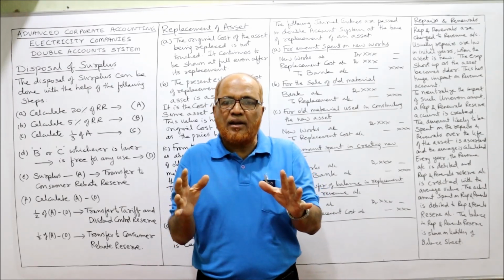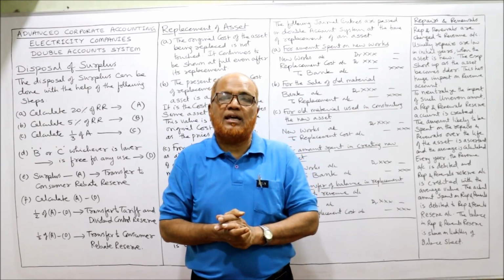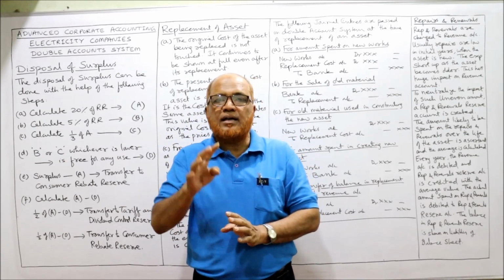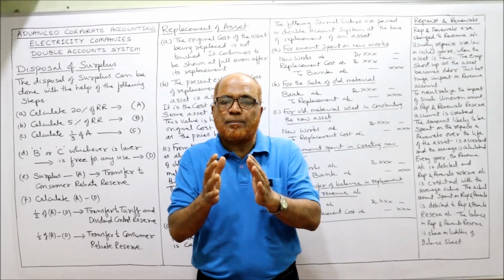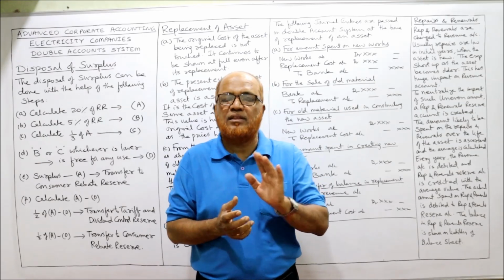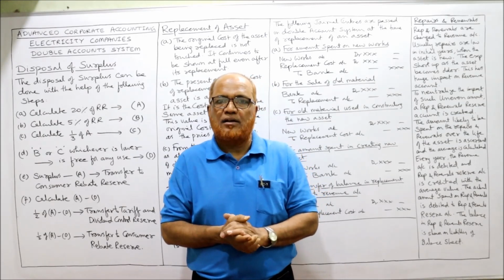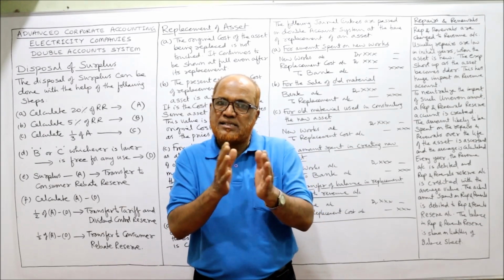The reasonable return is only 6 lakh rupees, whereas actual profit earned is 10 lakh. So the excess 4 lakh rupees is called surplus. And how this surplus should be disposed of is given in the Electricity Companies Act. That is the second part.